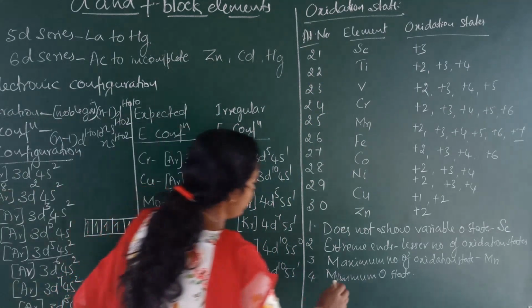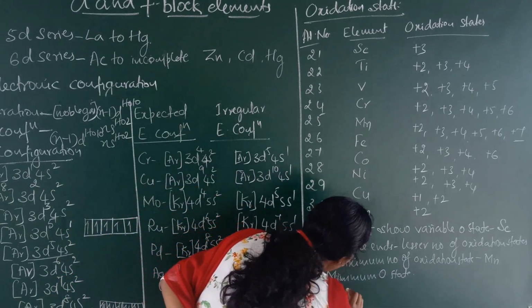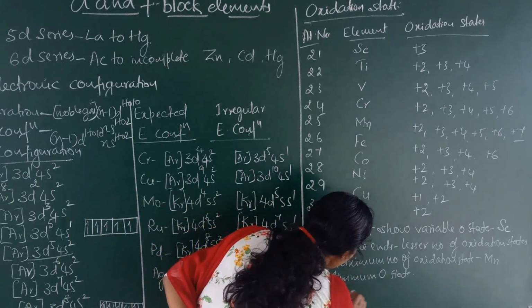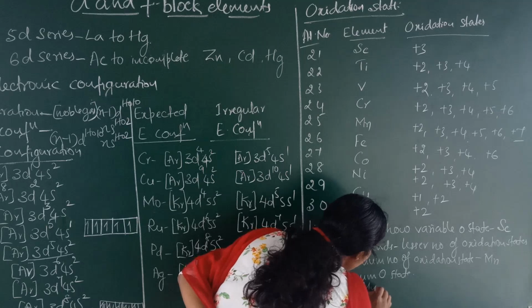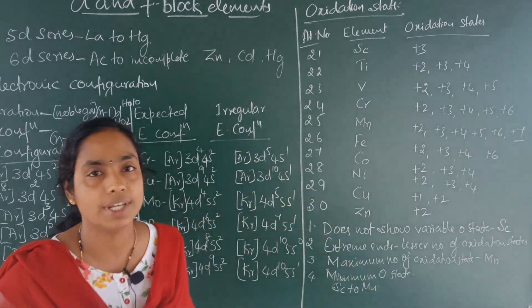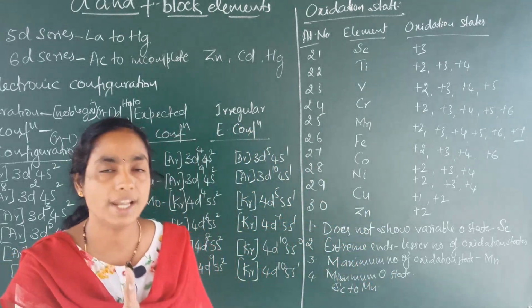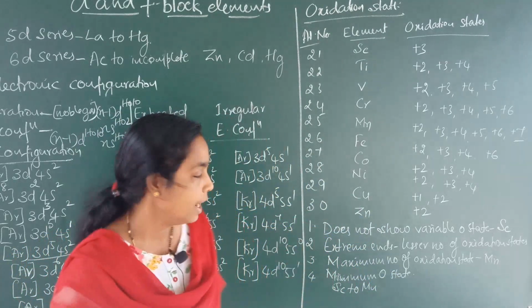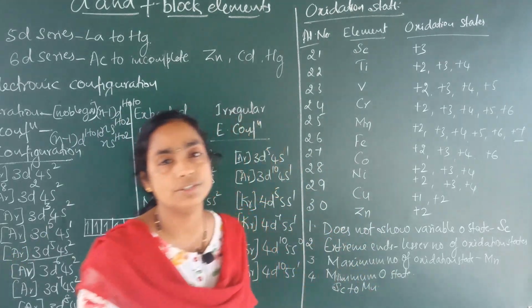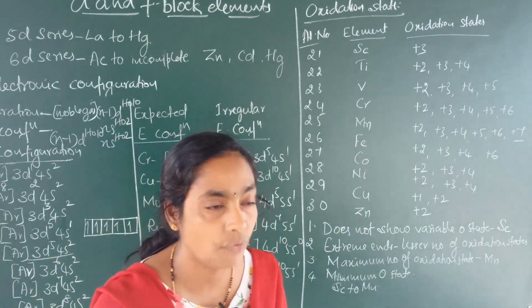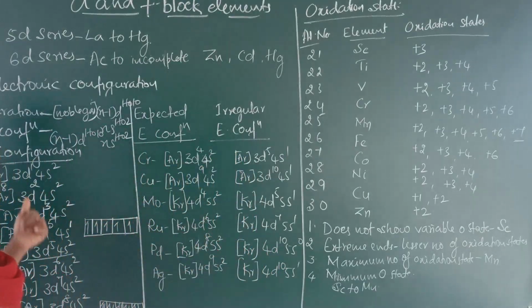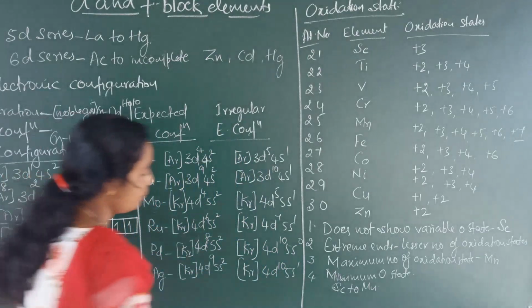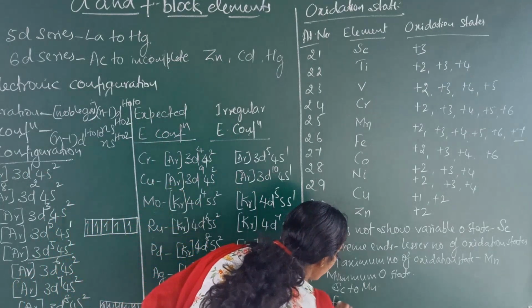That is, if you consider scandium to manganese, the minimum oxidation state possible is the number of electrons in the s orbital, and the maximum oxidation state possible is the sum of the number of electrons in the s orbital and d orbital. Next we will consider iron to zinc.